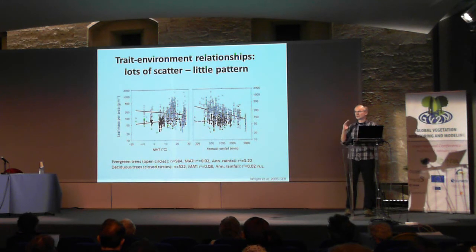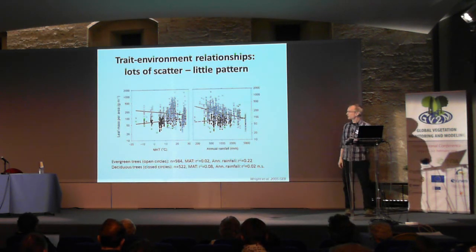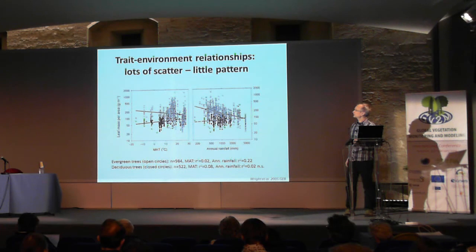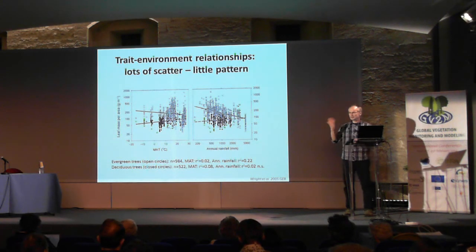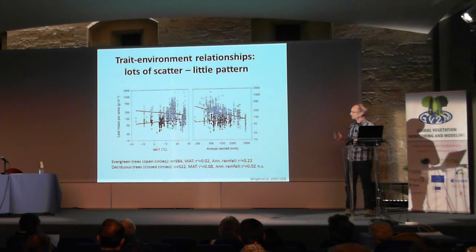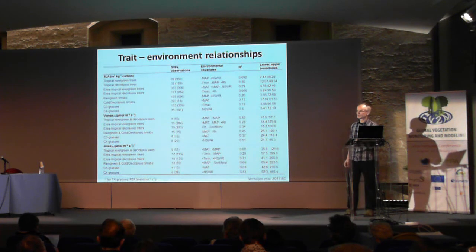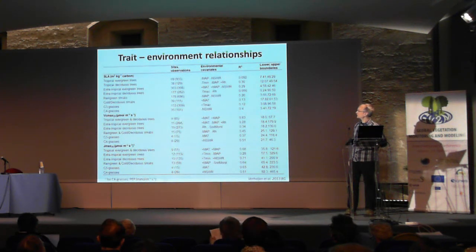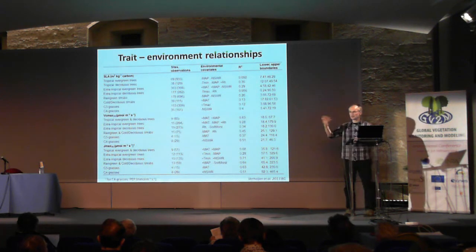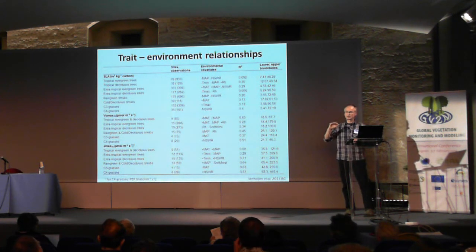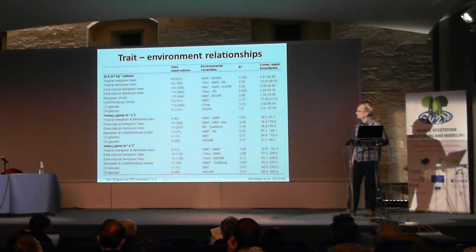And then if you look at trait relationships, in general you see there is a lot of scatter. But if you have a lot of data, there is a clear pattern. We did this conceptual analysis for some of the PFTs and for SLA, where there was quite a lot of data and some correlation that we could identify and use to represent variation within PFT.